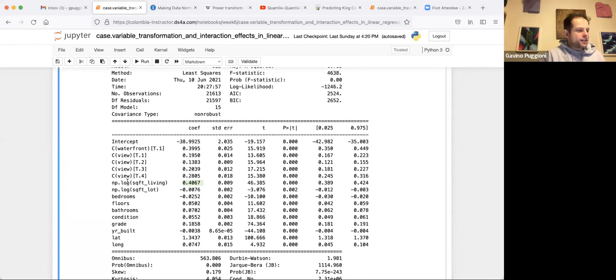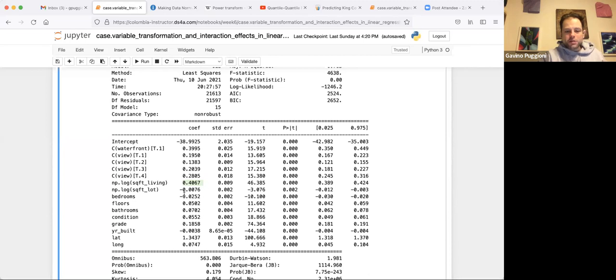Viviana, excellent. An increase of 1% in square feet of living space. So we are working with percentages. Why? Because it's the log, leads to an increase of 0.4% of the price. All right, very good.